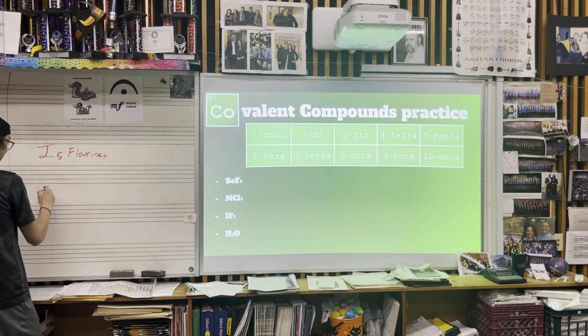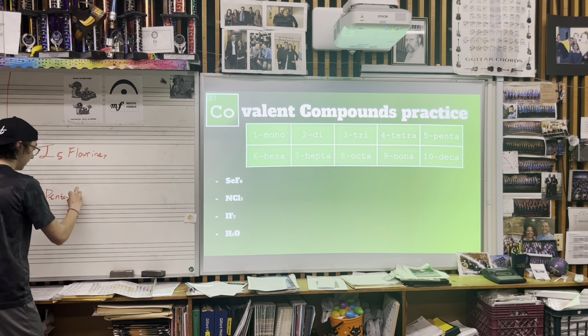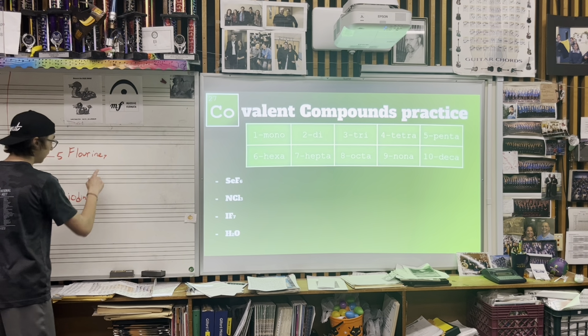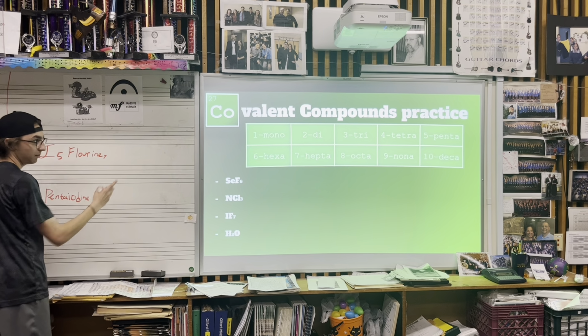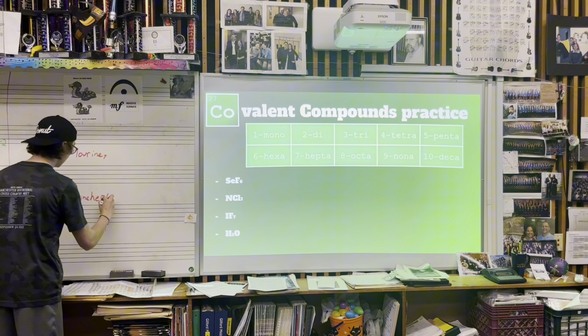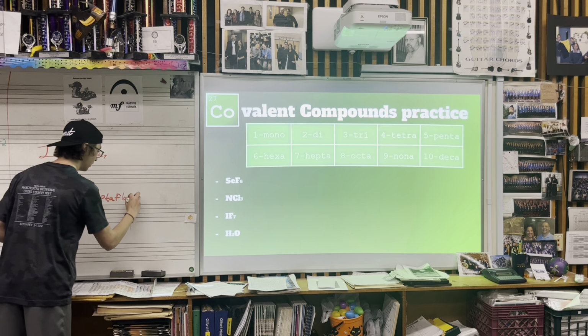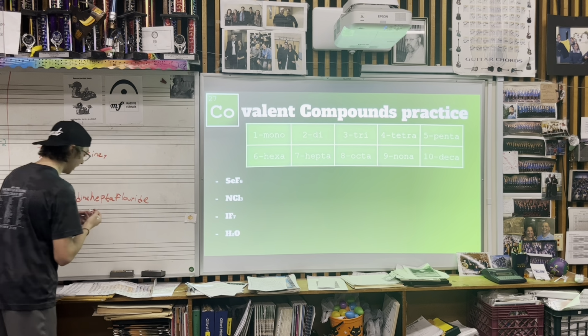Then it would become the penta iodine, and then 7 becomes hepta, as we see on the chart. And then changing the ending to "-ide" again.